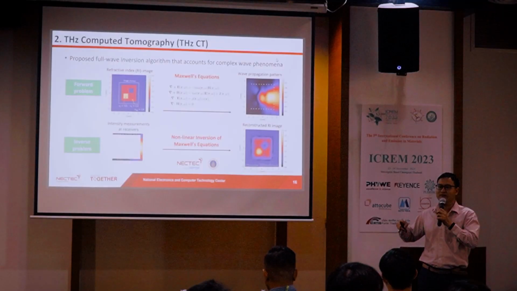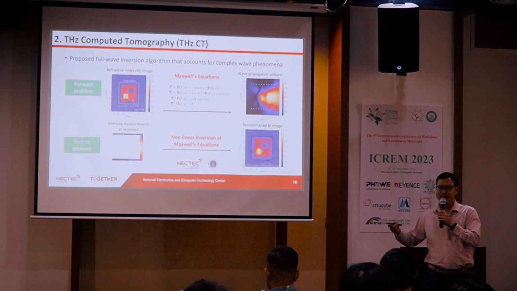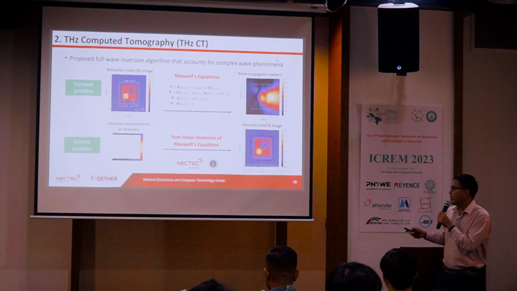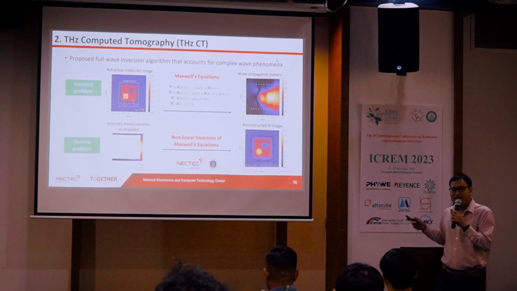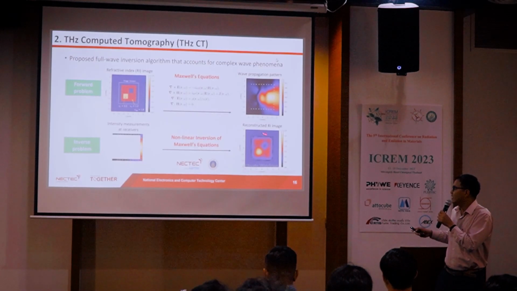We have to do the iterative optimization. What does it mean by iterative optimization here? It means that we have the algorithm that tries to seek for the best reconstructed image. And the next question is, what is the best reconstructed image?